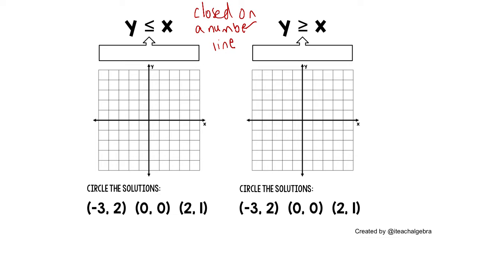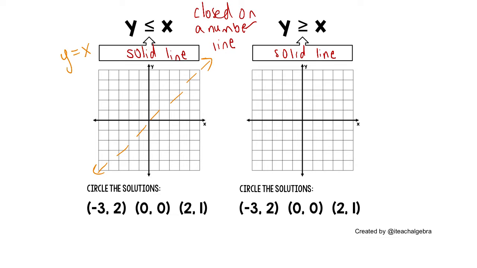In the land of coordinate grids and two variables, these are going to be solid lines. So anything with a line under it means solid line. We're going to graph these lines just the exact same way that we did above. We can imagine this as y equals x, and we graph the line that splits quadrants 1 and 3 in half.